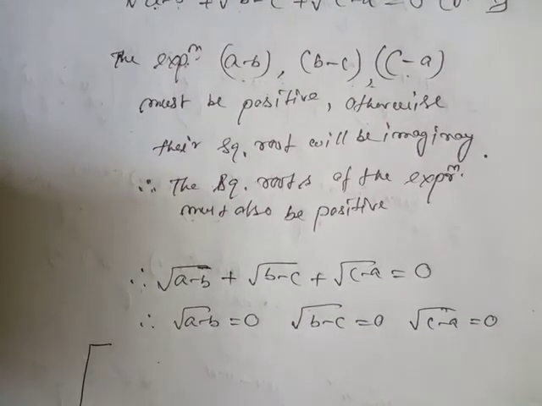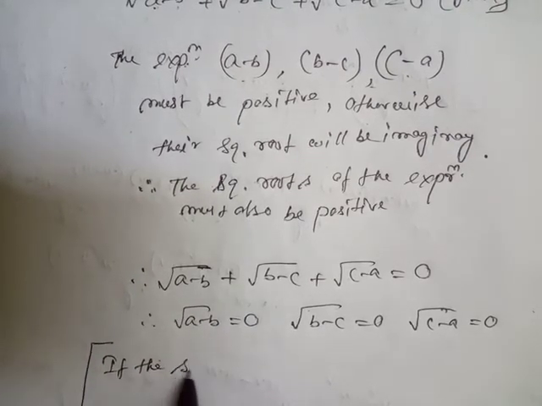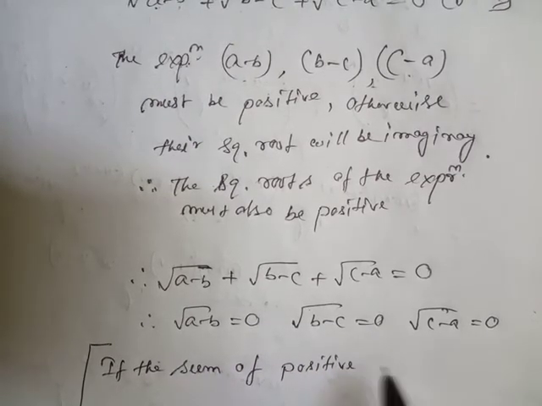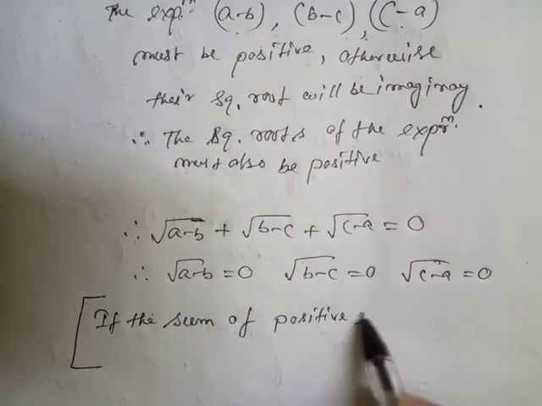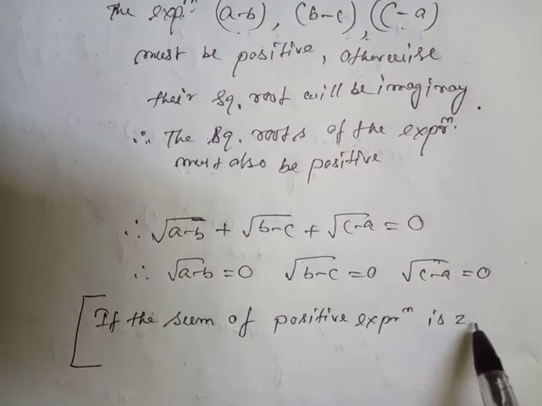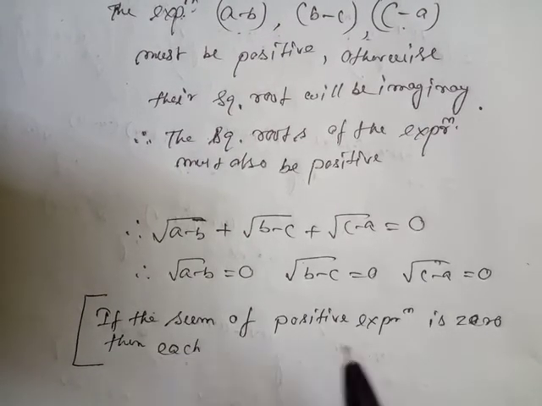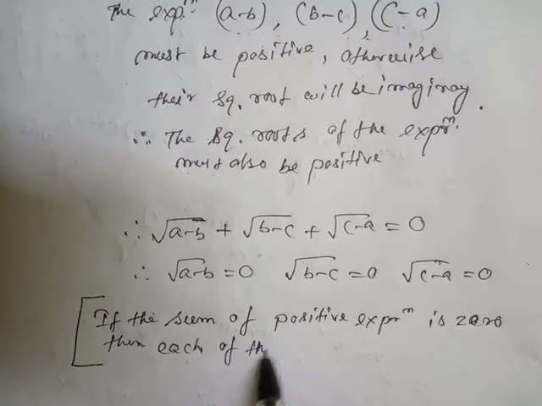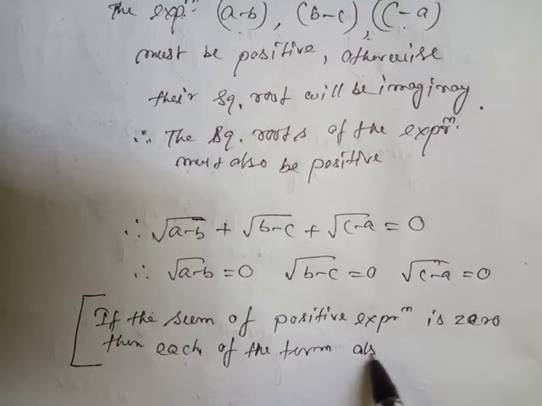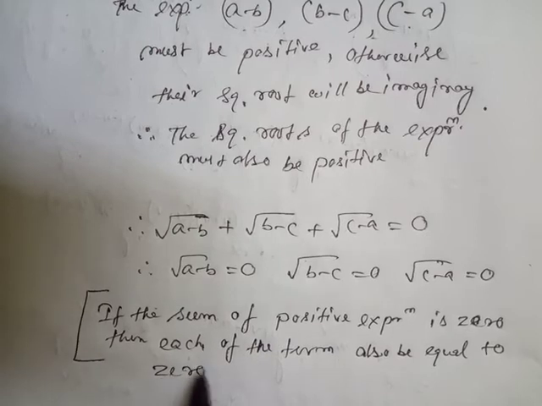The sentence is actually: if the sum of positive expressions is 0, then each of the terms must also be equal to 0.